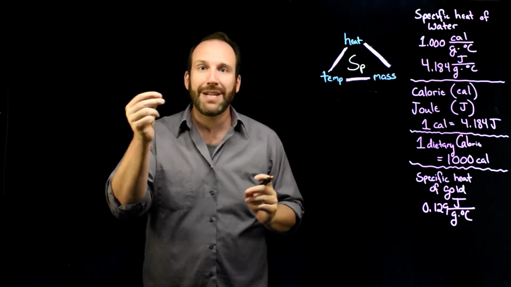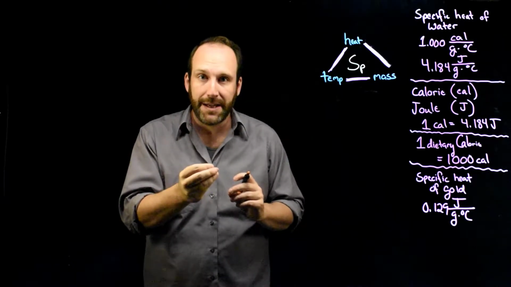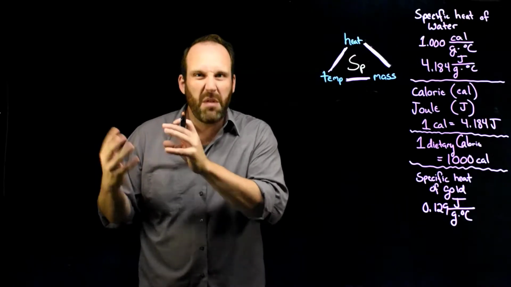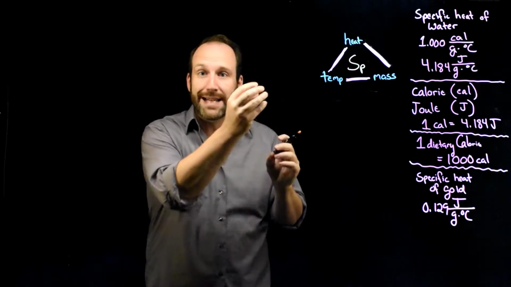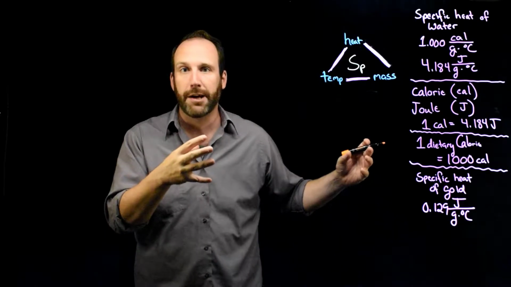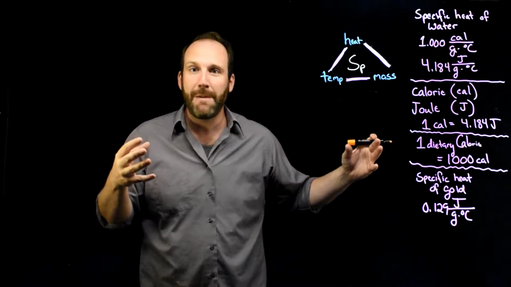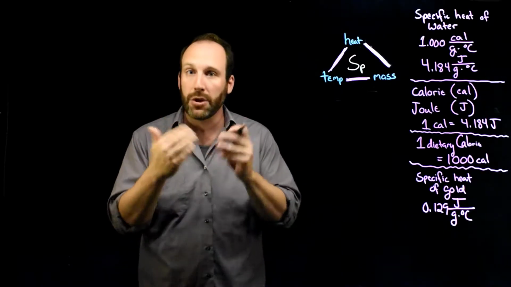If we take the same amount of heat and put it into a really tiny piece of matter, we'll probably see a larger temperature change than if we took that same amount of heat and put it into a really big piece of matter, right? That heat is going to spread itself out through that really big piece of matter, and then the temperature change that we experience will be a little bit smaller.